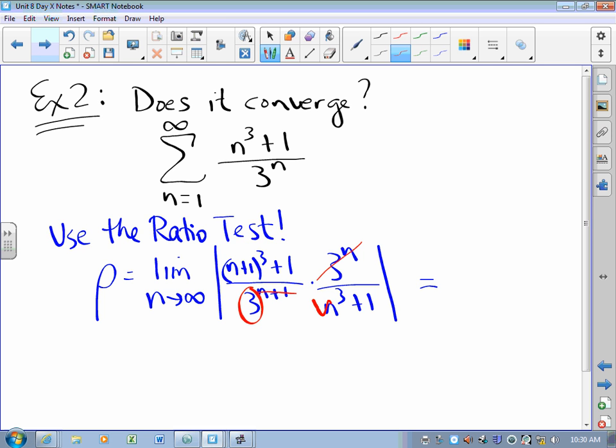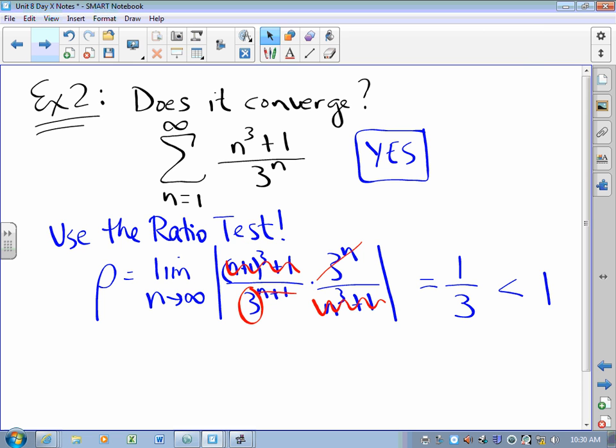There is no significant difference between n cubed plus blah, blah, blah and n cubed plus blah, blah, blah. And so that leaves us with 1/3. The ratio test says if rho is less than 1, the answer to our question is yes, the series converges.